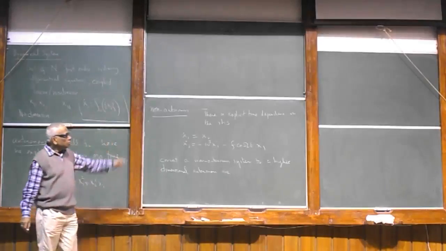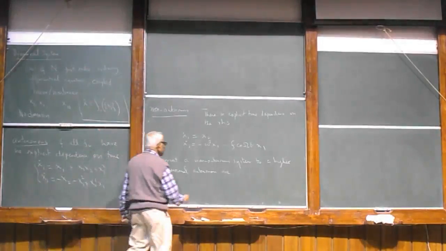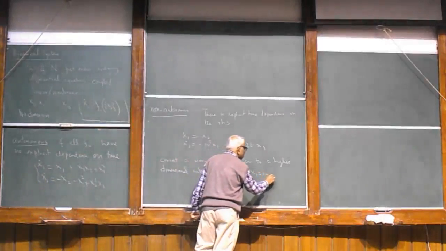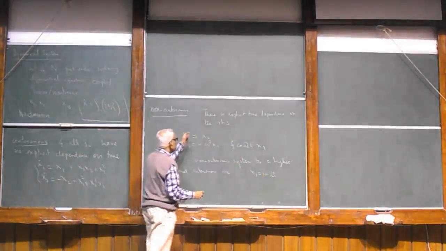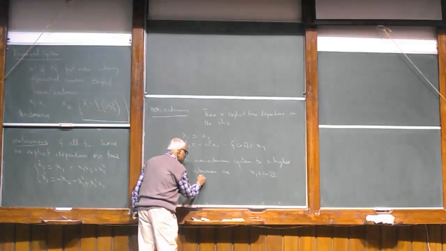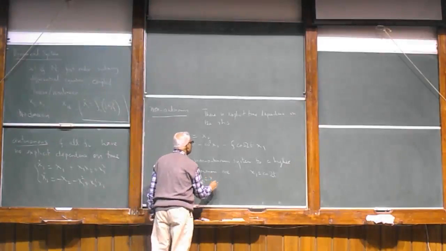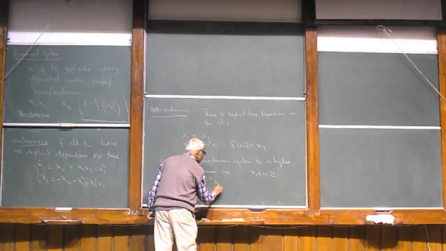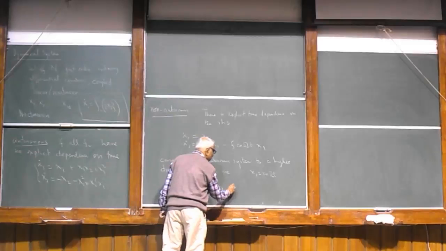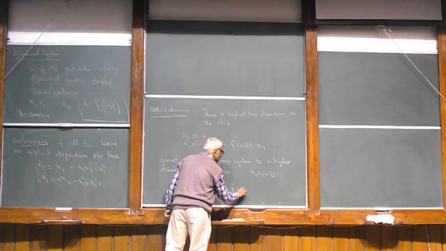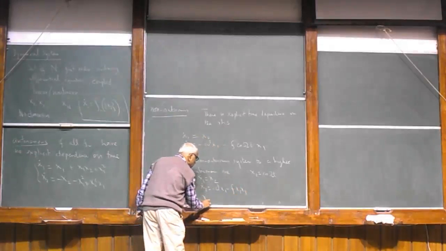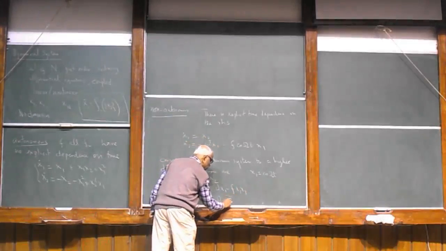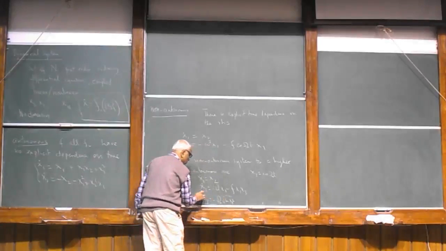How? All that you need to do is write x3 equal to cos omega t, and then write the set: x1 dot equal to x2, x2 dot equal to minus omega squared x1 minus f x1 x3, and x3 dot equal to minus omega times the square root of 1 minus x3 squared.